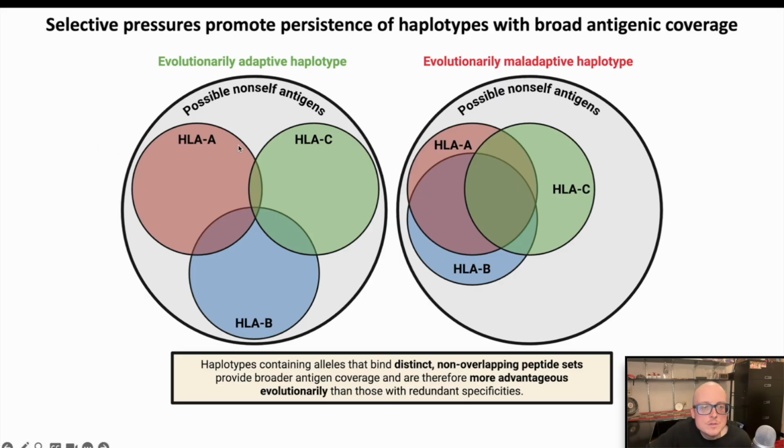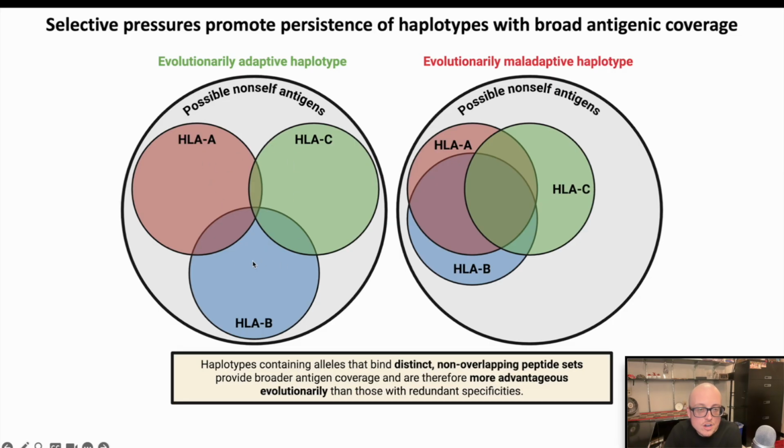If the alleles that are present for HLA-A, B, and C are all different from one another, they're going to all have a different shape. And the more different from each other they are, the more difference in shape they will have, and therefore the more unique the set of antigens that each one will present will be. So if you imagine an antigenic space, which is what is being represented here by this gray circle, within that antigenic space there is a smaller space that can be covered or presented by each of these three HLA isoforms.